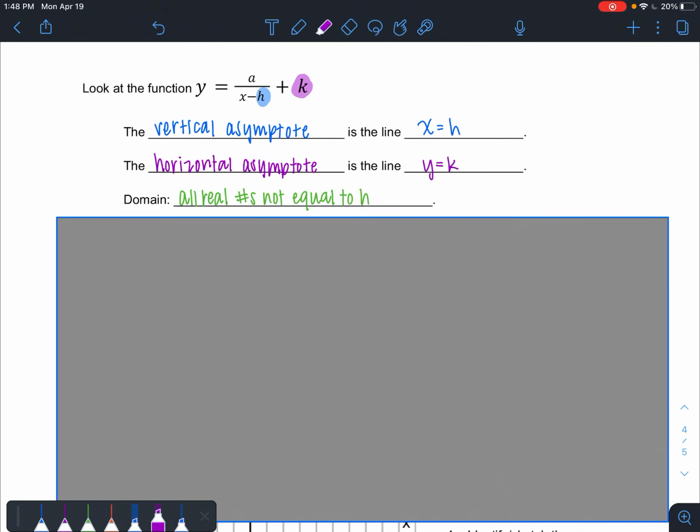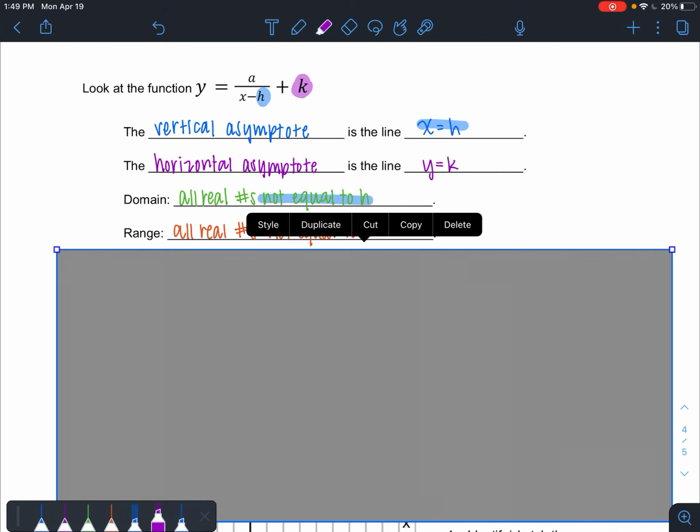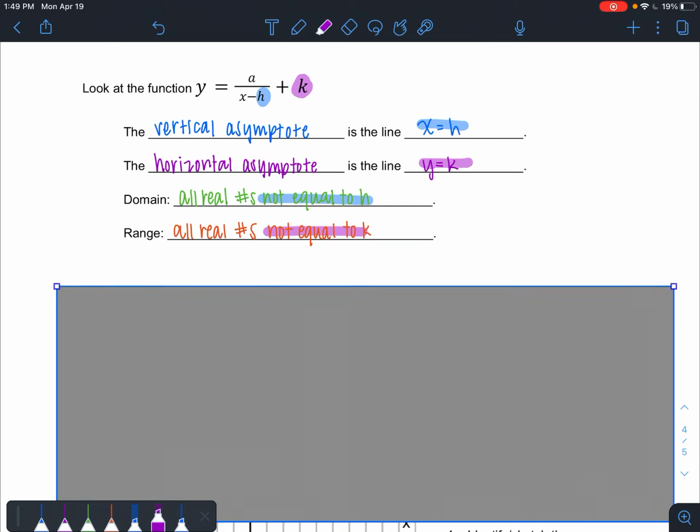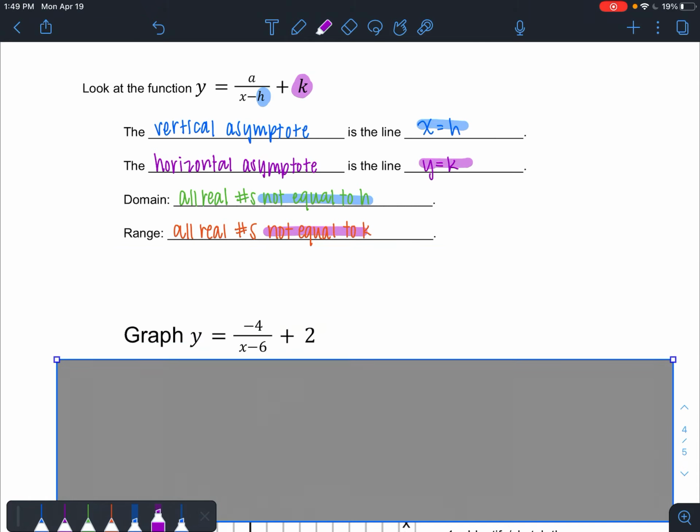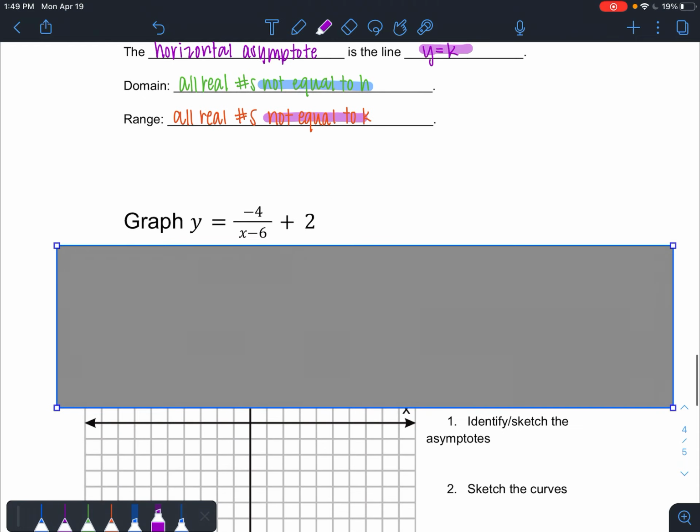Then the domain is going to be all real numbers not equal to h. There's h. And then the range is all real numbers not equal to k, and there's k. Okay, so that kind of clarifies where everything goes.